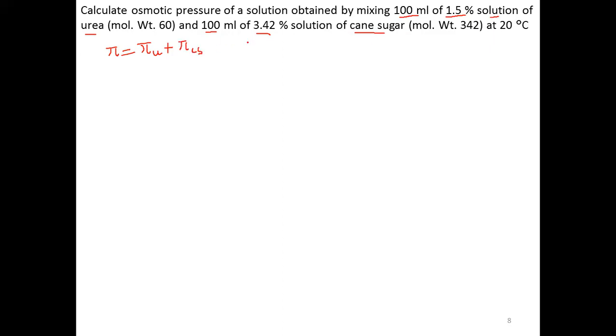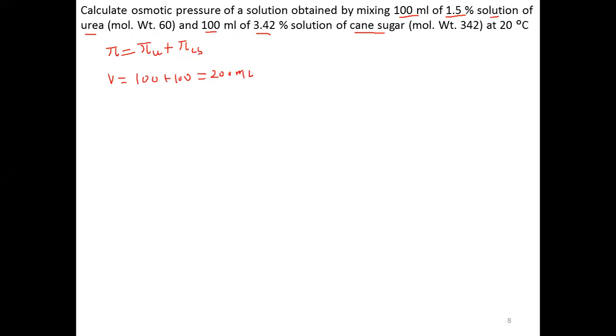And one thing more, you have to see very carefully that the overall solution is made by mixing two solutions, 100 ml of one solution and 100 ml of the second solution. That is the only trick. Total volume is 100 plus 100, because 100 ml of one solution was mixed with 100 ml of the second, so it is 200 ml.